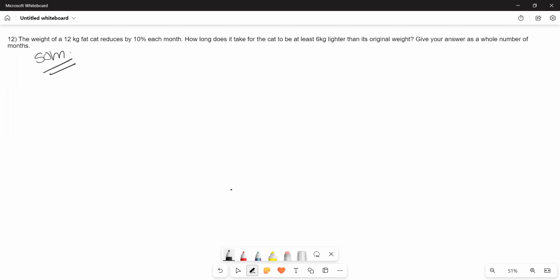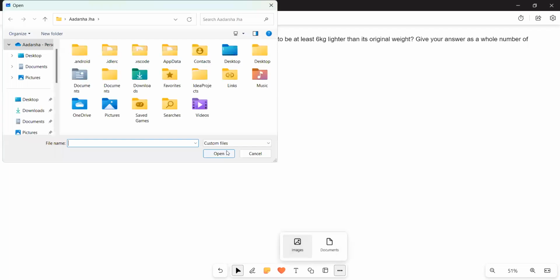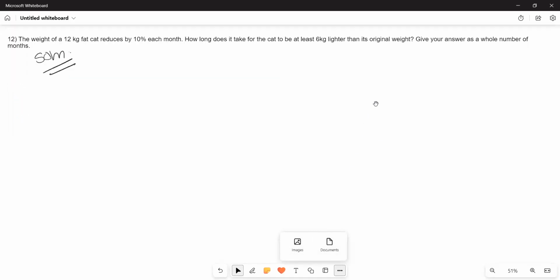Where is the cat? Let me insert a cat. No cat. Okay, I have to draw it again. This one, and then this one, and then this one. How funny my drawing is.